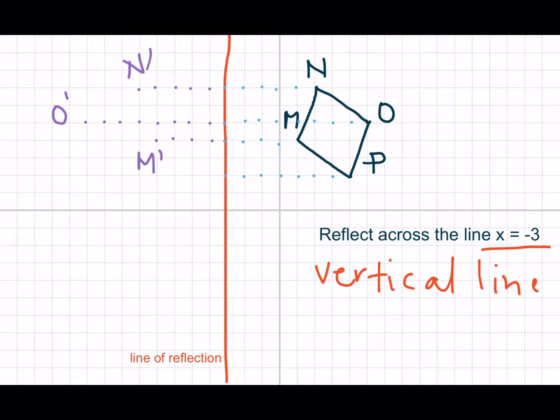Match it on the other side. 1, 2, 3, 4, 5, 6, 7. P prime. Connect your points there. M to N to O to P back to M. And there it is. Your figure MNOP is reflected across the line x equals -3.